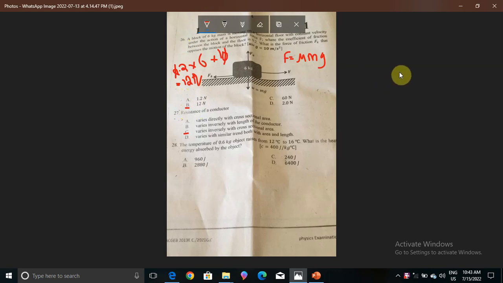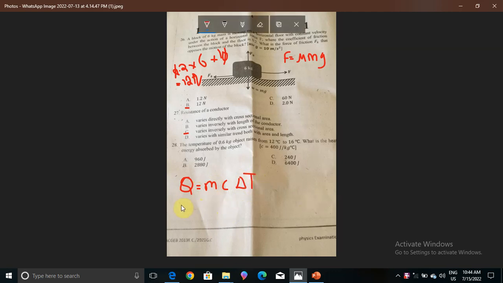Now question number 28 says the temperature of a 0.6 kilogram object rises from 12 degrees Celsius to 16 degrees Celsius. What is the heat energy absorbed by the object? And take C to be 400 joule per kilogram degrees Celsius. Now, as we know, the formula is Q equals M times C times the change of temperature.